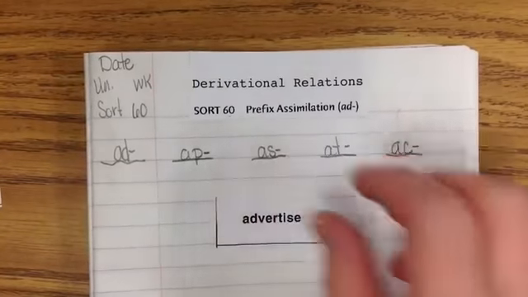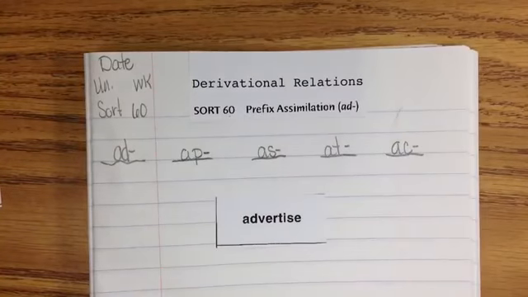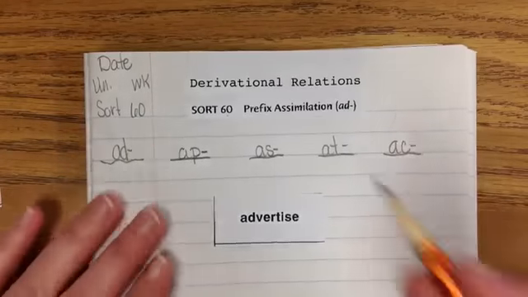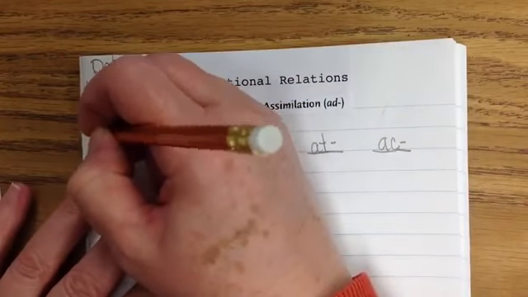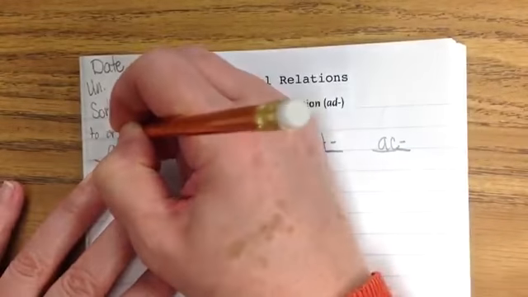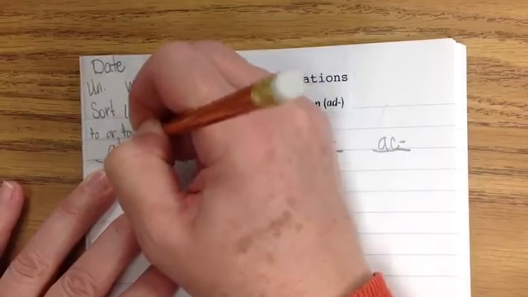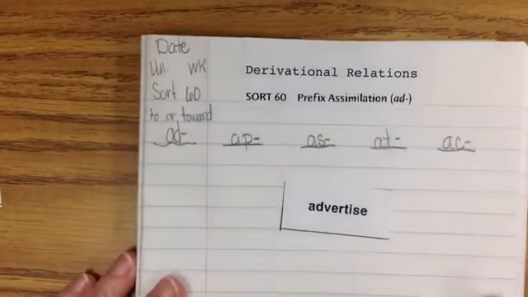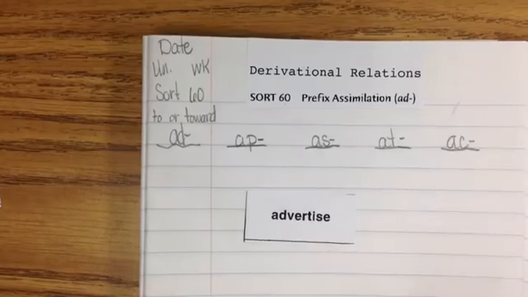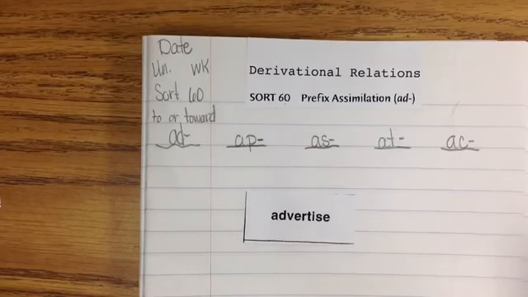Let's look at advertise. AD also takes on different shades of meaning, but generally it suggests to or toward. So I'm going to write to or toward. AD, so advertise. In advertise, it literally means turn to, because you're advertising, so you're turning to this advertisement.